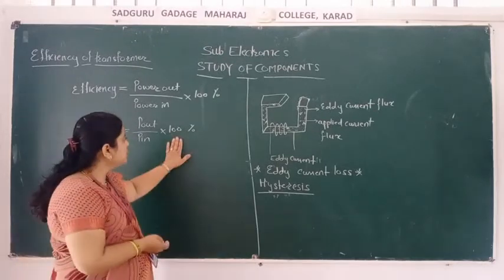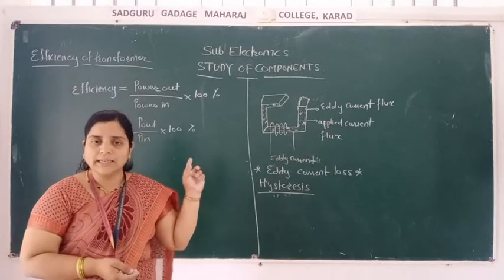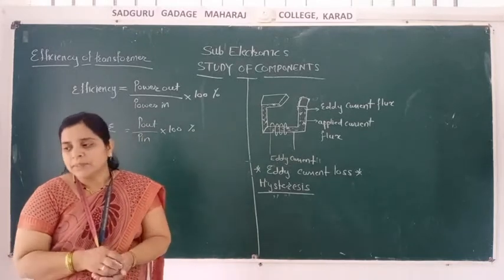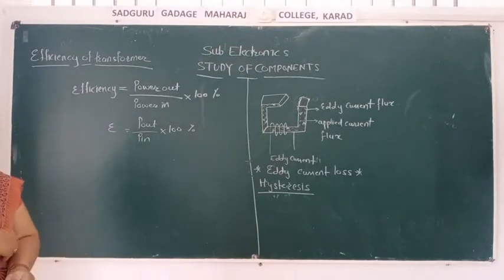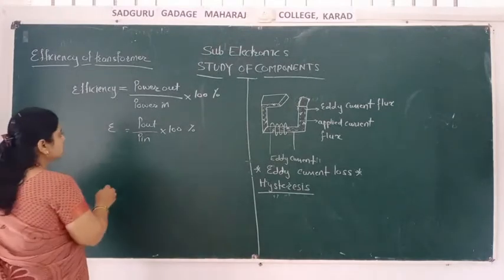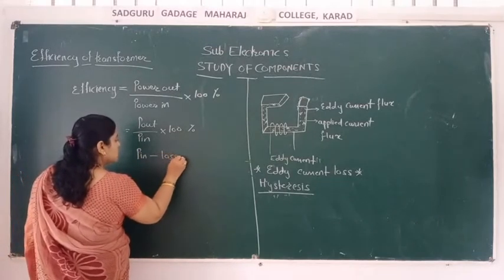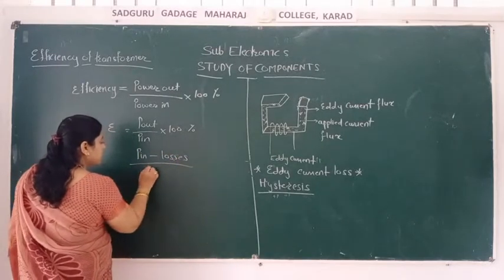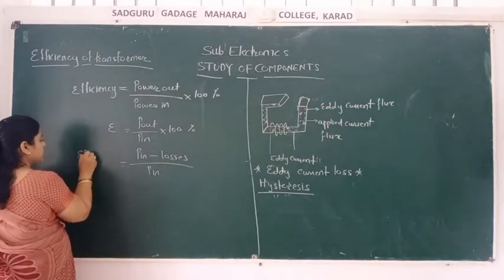So this formula is correct theoretically, but practically it is not correct. Practically the formula becomes: P in minus losses, divided by P in, into 100%, which is equal to efficiency.